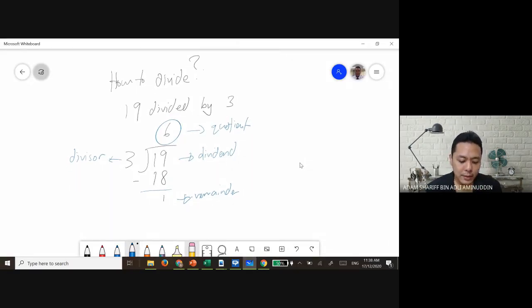Alright, this is a common process that everyone knows. Therefore, we can represent it as a linear equation form: 19 equals 6 times 3 plus 1.